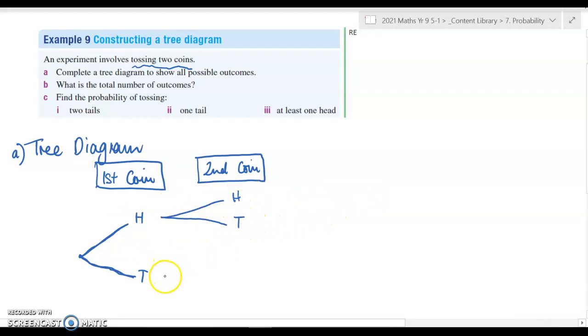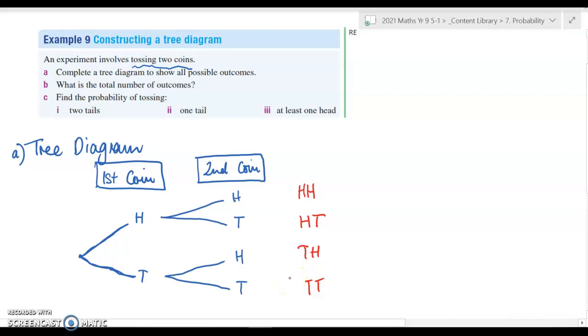Similarly for the bottom option, tossing a tail, I can get the same again, a head or a tail. When you draw a tree diagram, it's always good to list all the possible outcomes after you've drawn it. So if we go along, the first outcome will be two heads, the second a head and then a tail, then a tail and then a head, and a tail and then a tail.